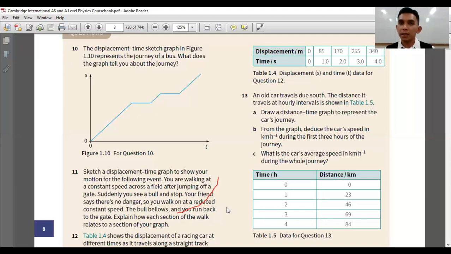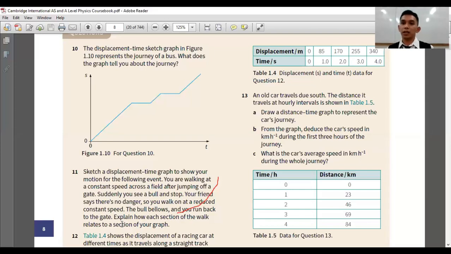Okay, it means the slope compared with the previous movement, the first movement, is lower. The slope is lower than the first movement. And then you walk on at reduced constant speed, and then the bull bellows, and you run back to the gate.